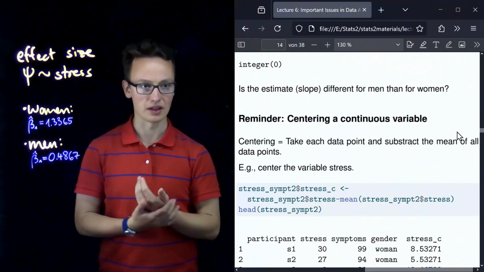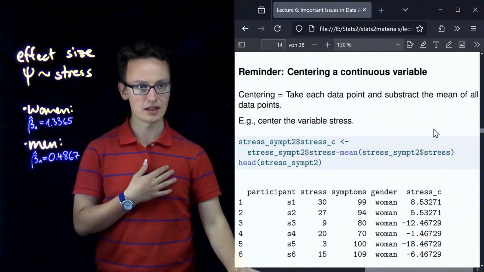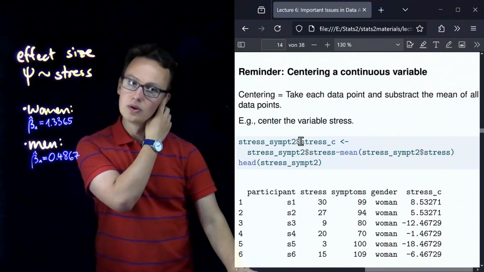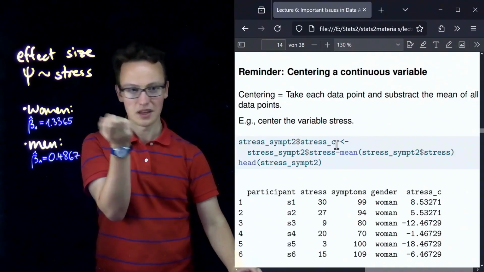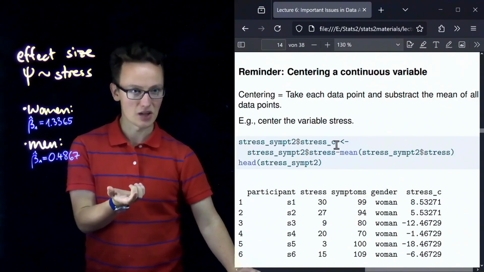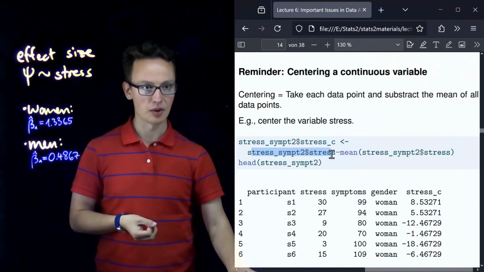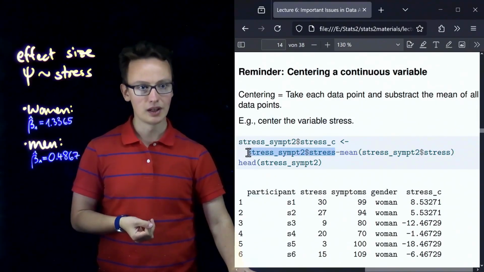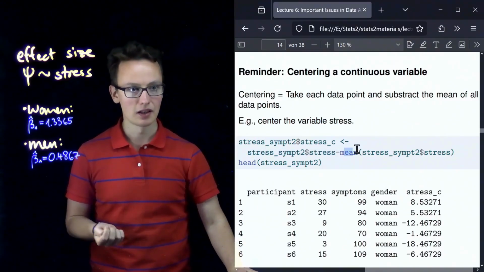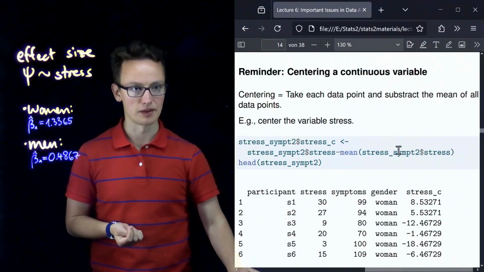That means centering a continuous variable. So we could do that here. We could create a new column, stress_c, or whatever we may call it, c for centered, and we assign it the result of the computation of saying I want the original stress level value, and I want to subtract from it the average stress level value in my data set. Okay, that is what is happening here.